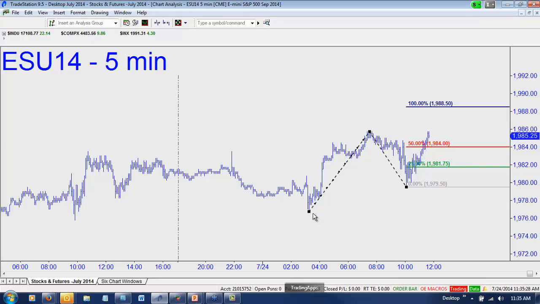That's a 9-point rally. So we're looking for another 9-point rally here, and 4.5 points along the way, midway along that CD leg, is the P midpoint. And it's always P that we want to look at for clues as to how strong the underlying trend is.